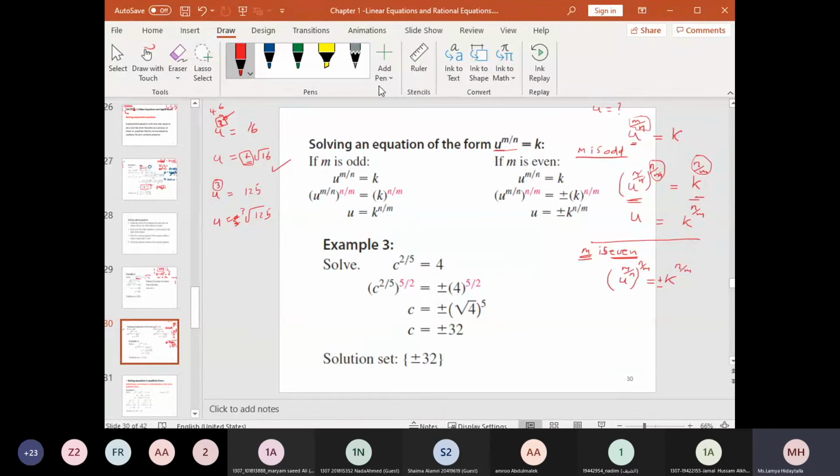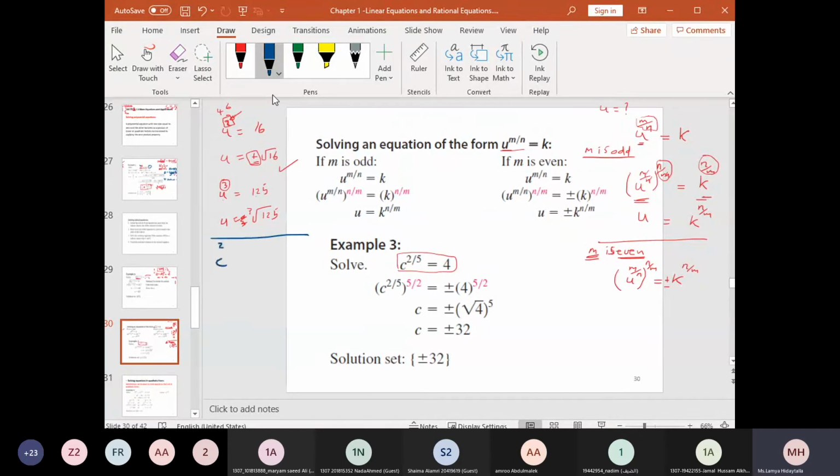Okay. Now let's solve this one. What is the problem? C to the power 2 over 5 is equal to 4. I have to look at the power on top, not at the root. My problem is the power on top, M. So it is even.